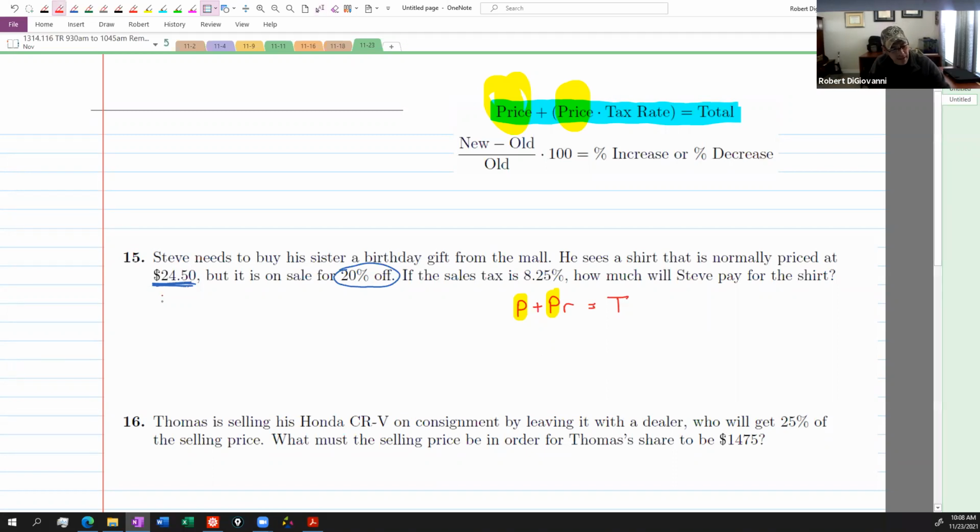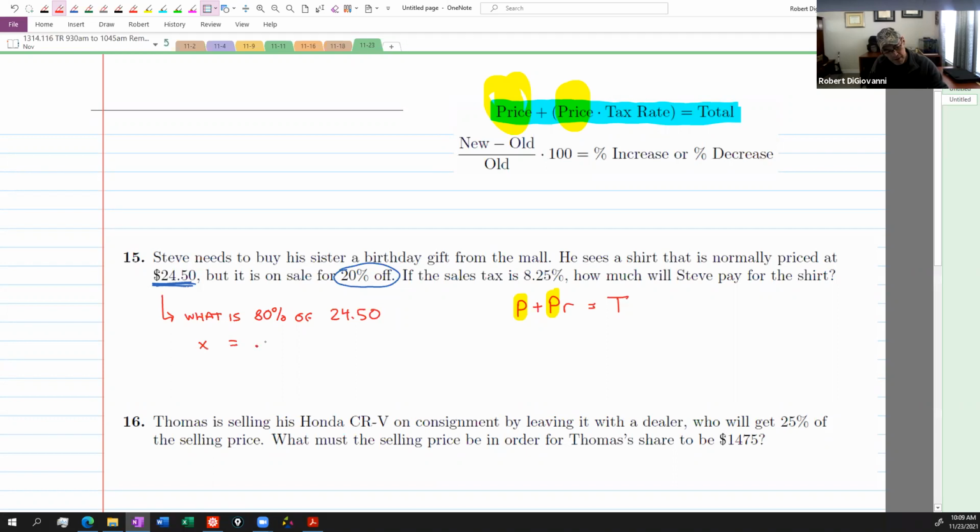I'm going to say, take this. I want to know what is 80% of this number. Do you understand? I'm doing 80% because I'm looking at taking 20% off. If it was 25% off, I would be doing 75%, right? If it was 40% off, I'd be doing 60%. So this is just an equation.